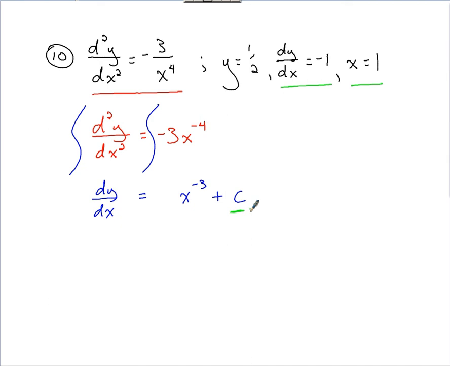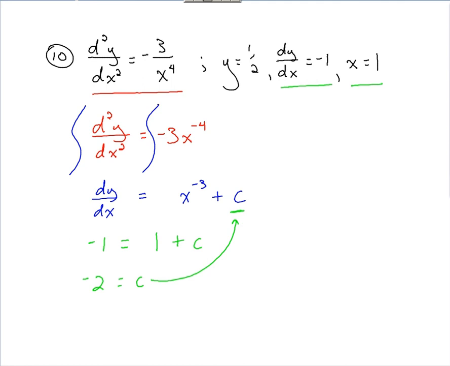So substituting in the values that I know, dy/dx is negative 1, x is 1, taking 1 raised to a power of negative 3. Don't get thrown off by the fact that it's a negative exponent, right? It's 1 to a power, what is it? It's 1. So c will be negative 2. All right, I'm going to take this negative 2, I'm going to plug in up here.